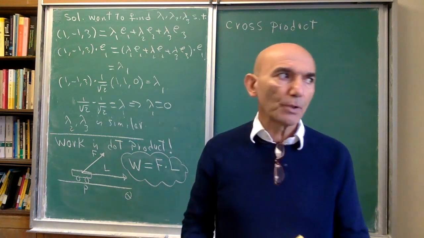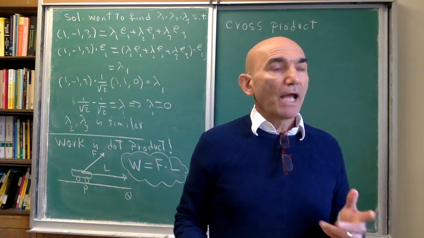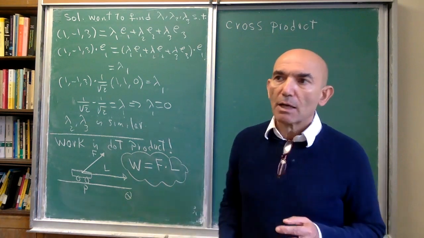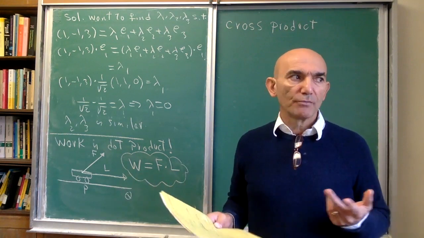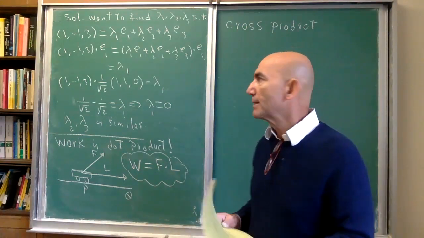The idea of cross product is that this time we have two vectors and we are not going to produce a number, which was the dot product before, right? We're going to produce a new vector, right?